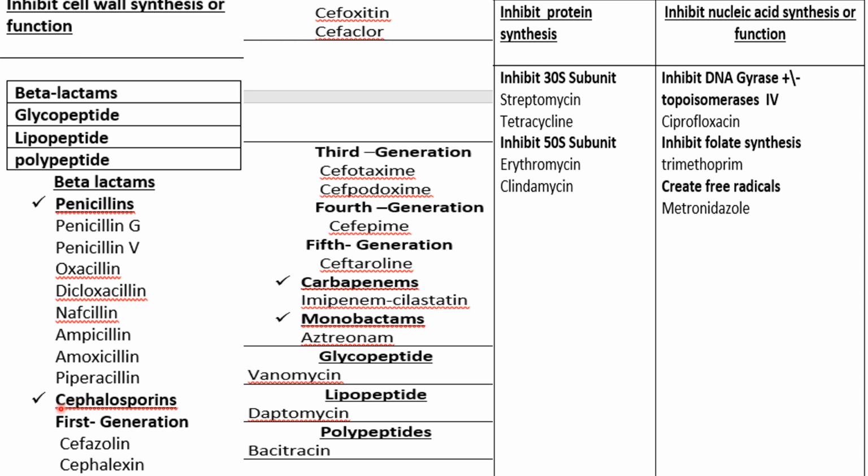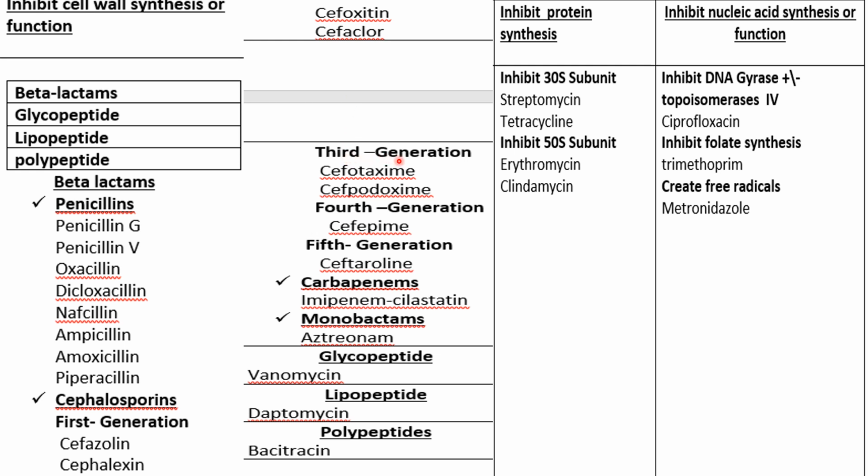Similarly, in beta lactams, the second group is cephalosporins. Cephalosporin is further subdivided into different generations. The first generation includes cefazolin and cephalexin. Similarly, the second generation cephalosporins include cefoxitin and cefaclor.